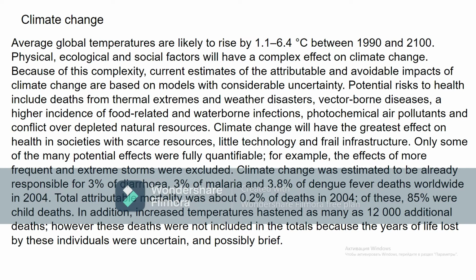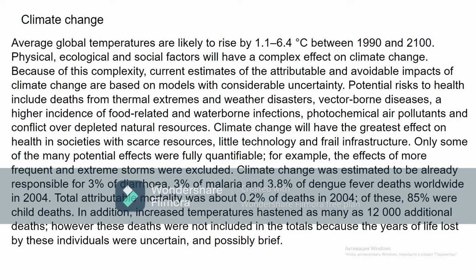Potential risks to health include deaths from thermal extremes and weather disasters, vector-borne diseases, a high incidence of food-related and waterborne infections, photochemical air pollutants, and conflict over depleted natural resources.